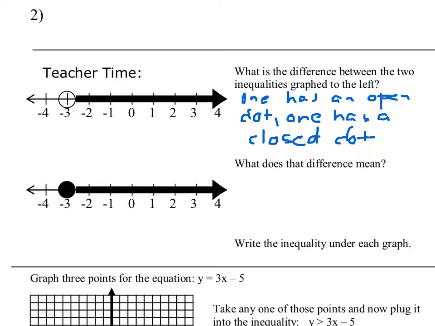So she's telling me that it means that symbolically the open dot has a greater than or less than symbol, whereas the closed dot has greater than or equal to or less than or equal to. In terms of what does that mean for the solution itself? What does it mean about -3 in the solution to these inequalities?